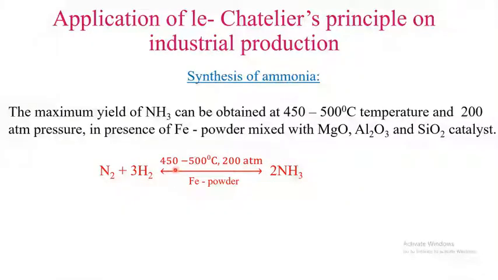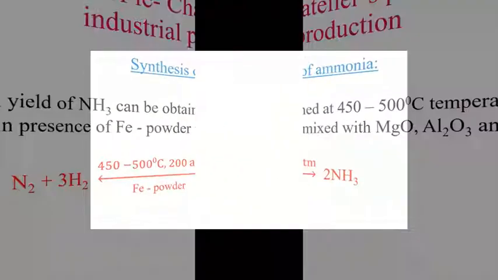The conditions are: the temperature is 450 to 500 degrees Celsius, pressure is 200 atmospheres, and the catalyst is iron powder mixed with magnesium oxide, aluminium oxide, and silicon dioxide. By applying all these conditions, better yield can be produced in industry.